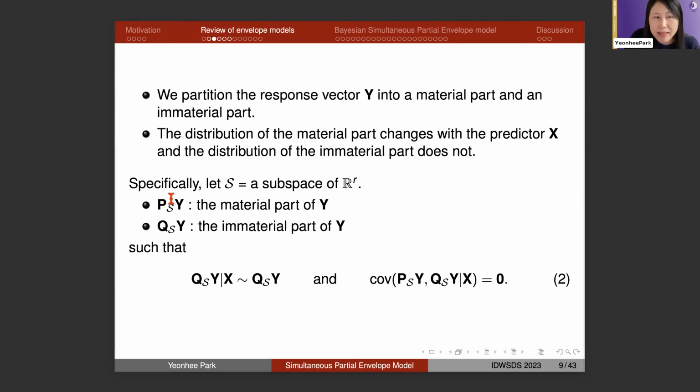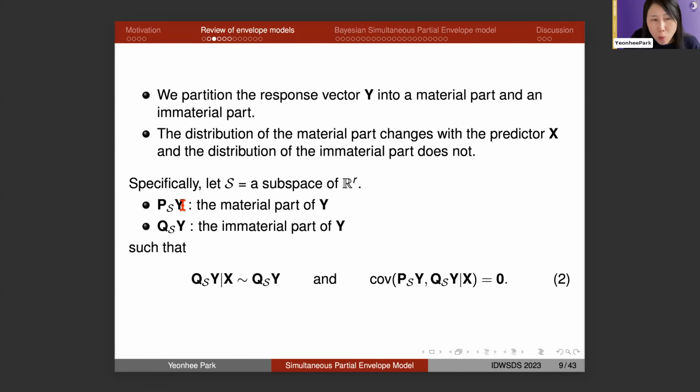Specifically, let S be the subspace of the R-dimensional real-valued space. P_S indicates the orthogonal basis of the space S, and Q_S is the orthogonal basis of the complement of S. You could imagine P_S as the projection matrix and Q_S is the identity matrix minus the projection matrix.